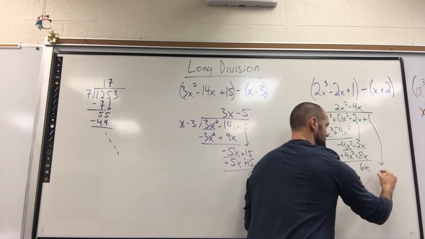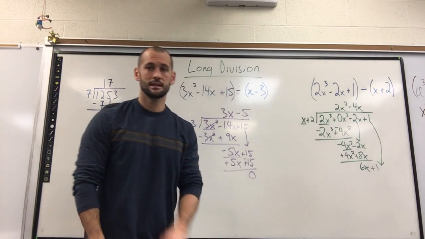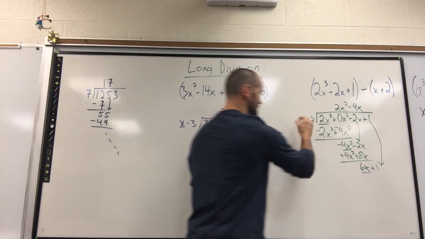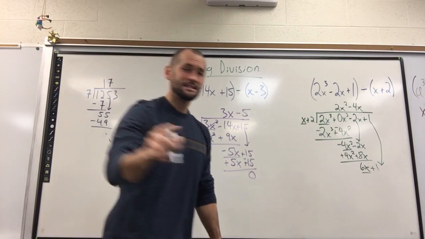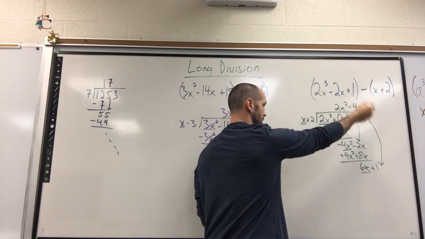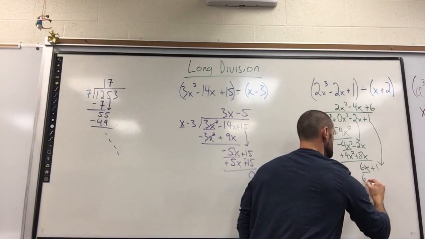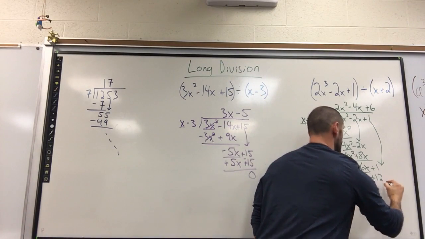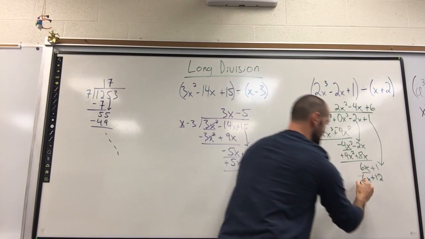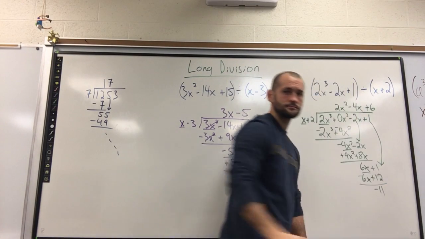Come on down, plus 1. Almost done. Front. What do you multiply x by to get 6x? 6. Giving me, round the outside, 6x plus 12, and change the sign, leaving us with negative 11.